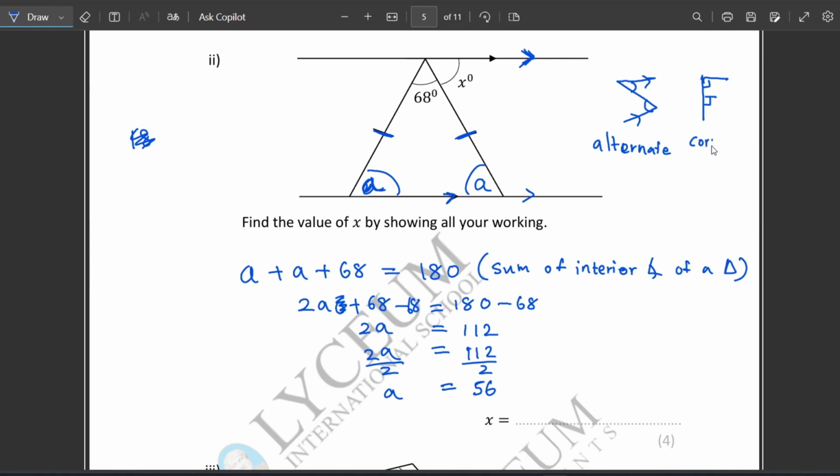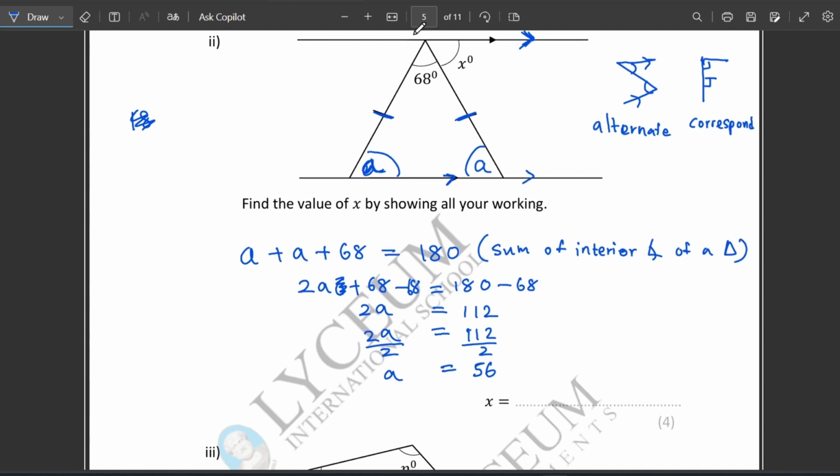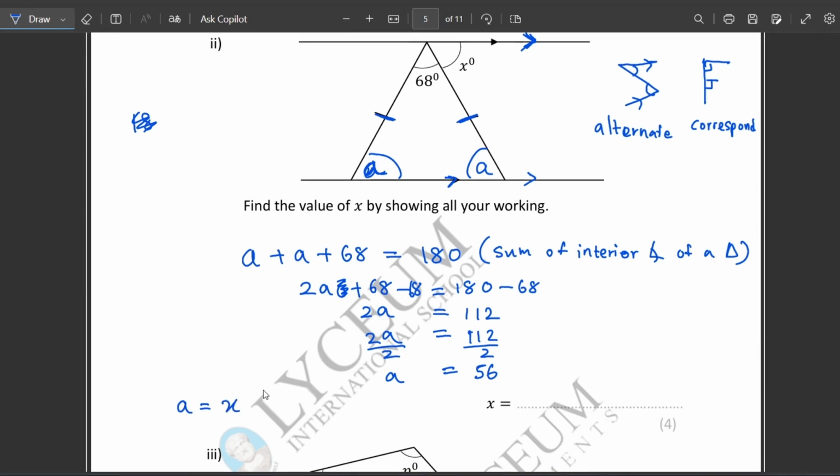This is corresponding angles. And you can see here A and X should be equal because of alternate angles. Then A is 56, then X also is 56.